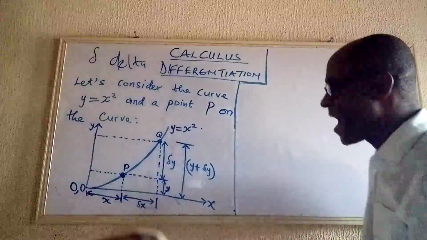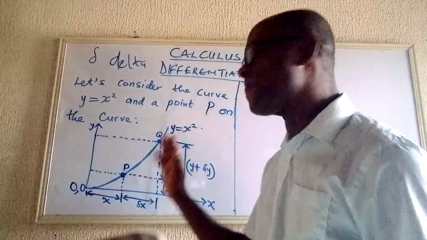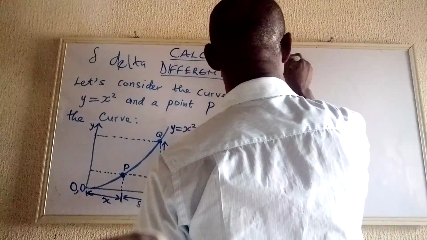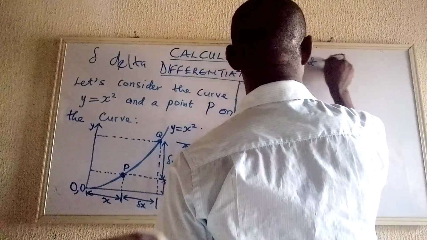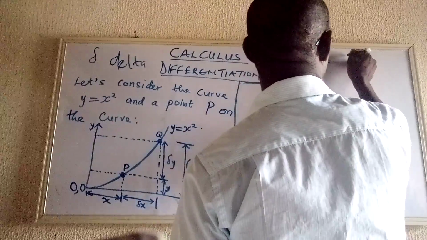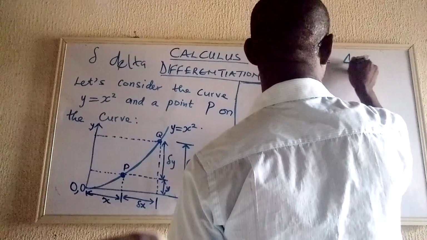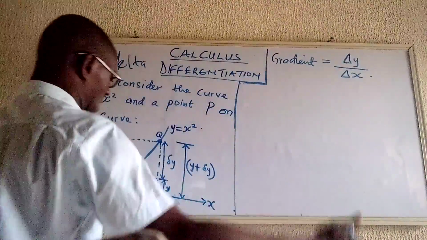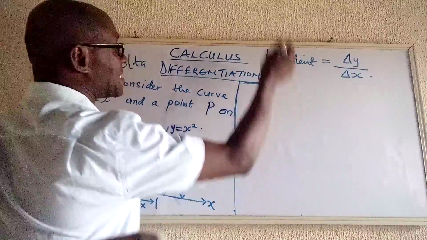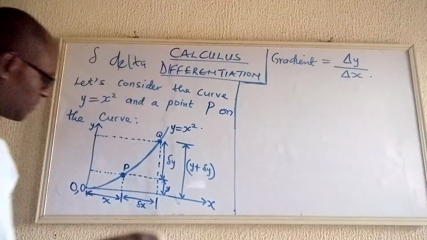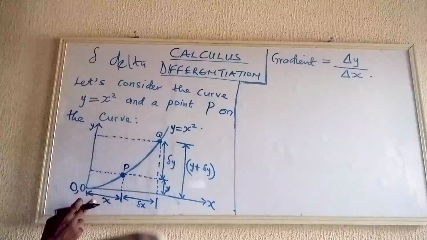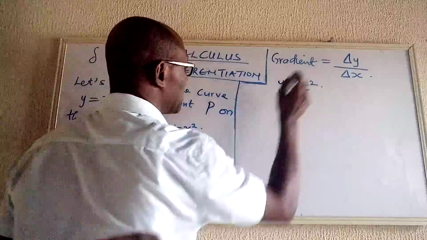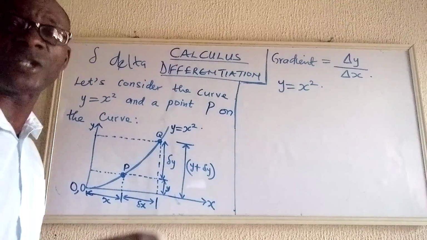Now, having done this, if I want to find the gradient, do not forget that the basis of gradient is increment in y over increment in x. So let's have a look at this now. That means that y, which is equal to x squared, has undergone increment as a result of increment in x.